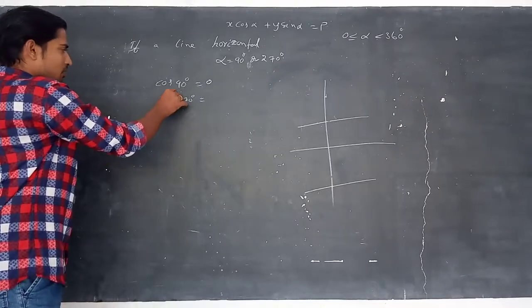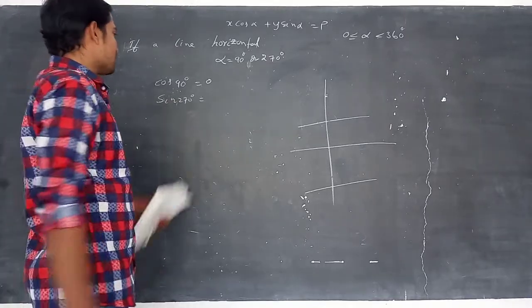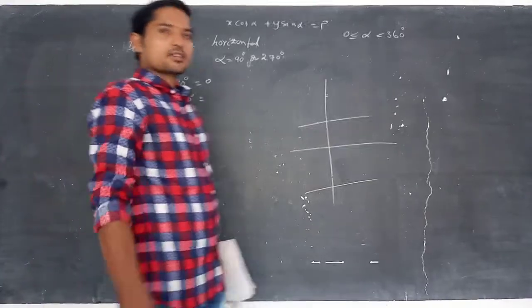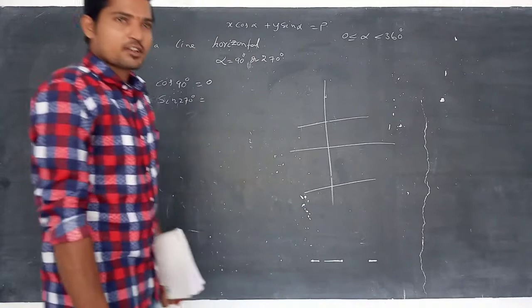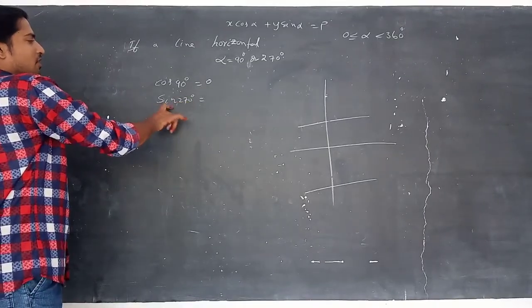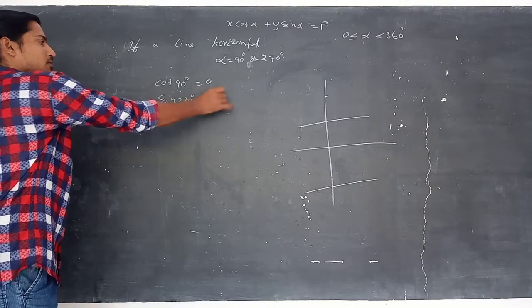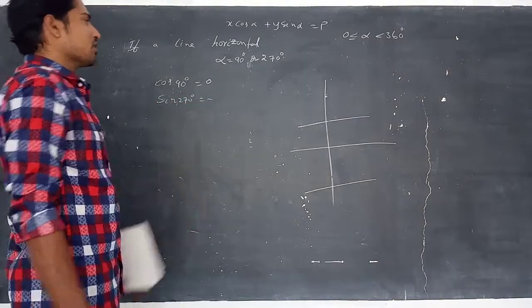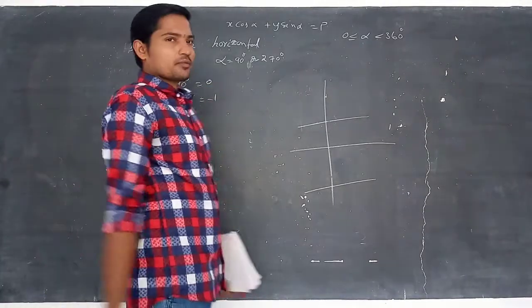How? We already learned in 8th class sin 270 degrees. Sin 180 plus 90 we can write. In the third quadrant sin is negative, and sin 90 is 1, so minus 1.